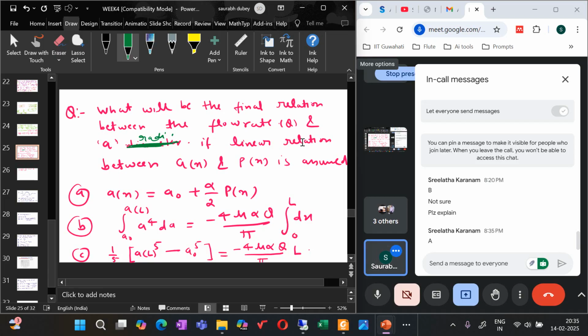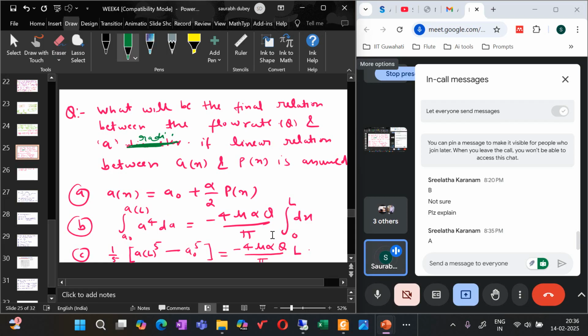Sri is saying A is correct. Ax, right? It is correct. No problem. This seems very difficult, but everything is coming from the plane Poiseuille flow, you are just rearranging the expressions.